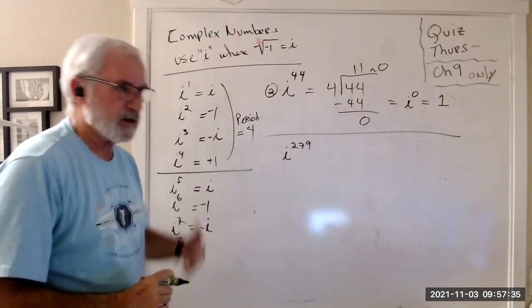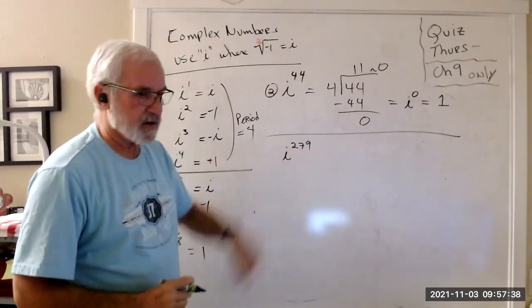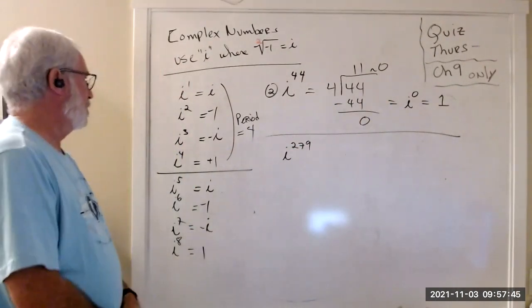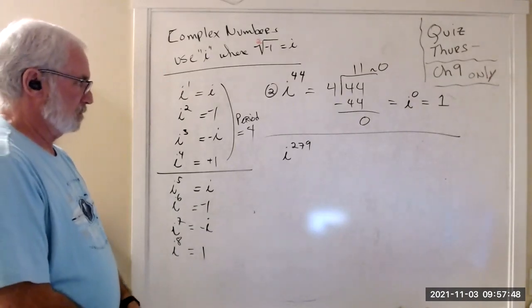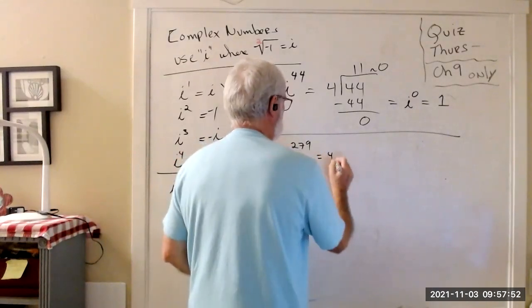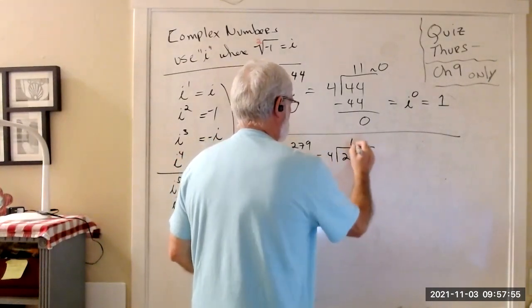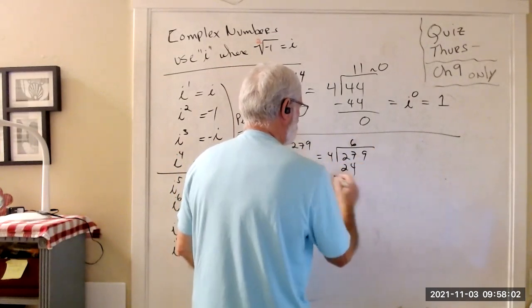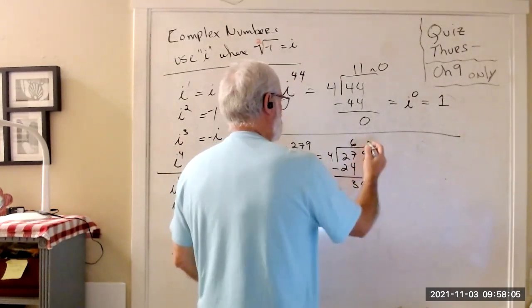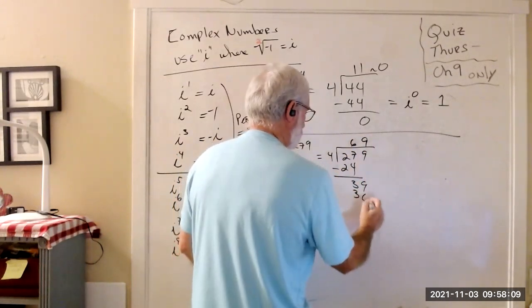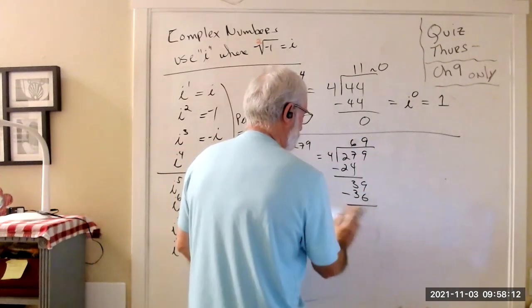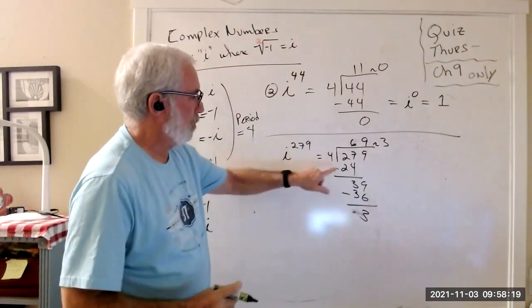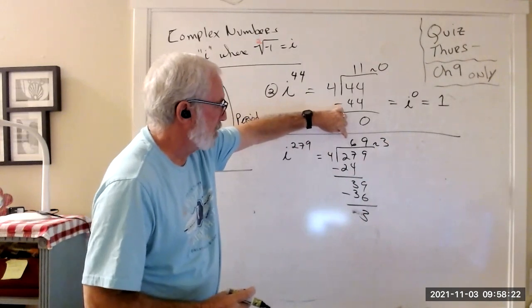Take a second on your calculator, take 279 divided by 4. When I did it, I got 69, remainder 3.